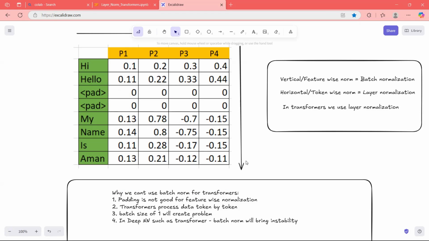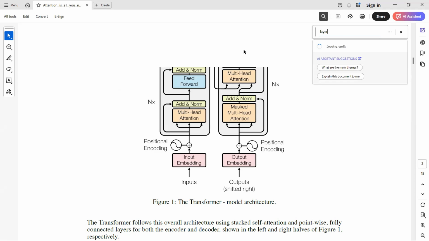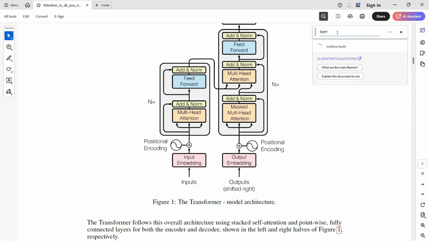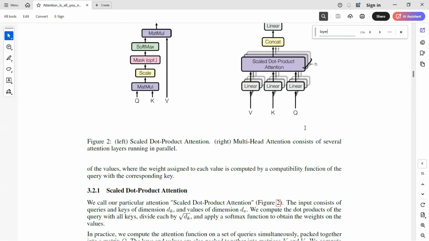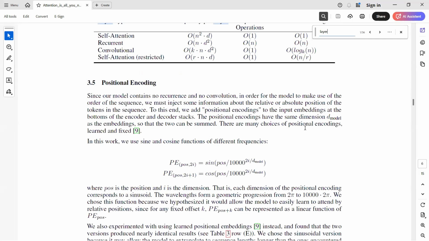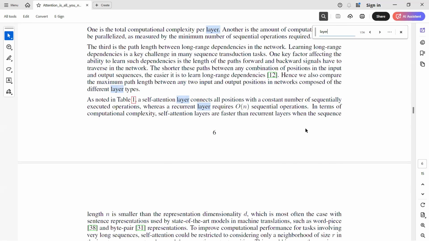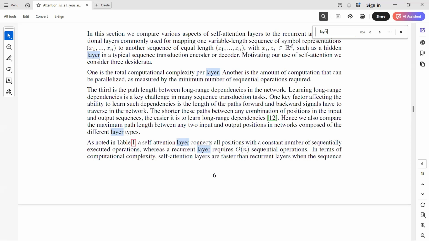So what we do in the transformers architecture is, if you see the diagram of the transformer, it says add and norm, and in norm, I will show you, it says that we are using layer normalization. Let me search.